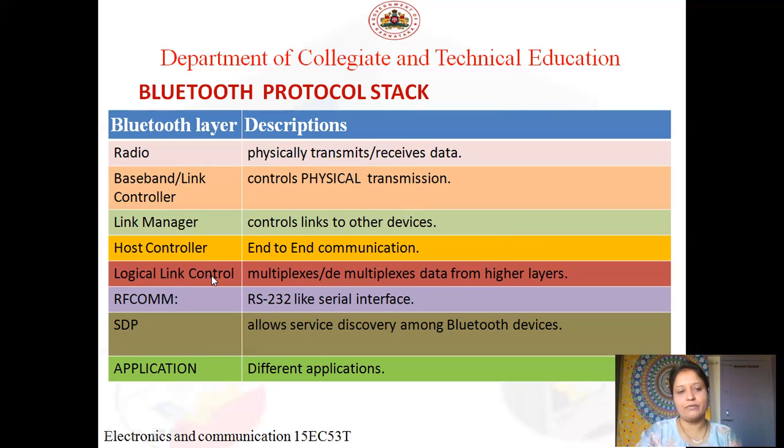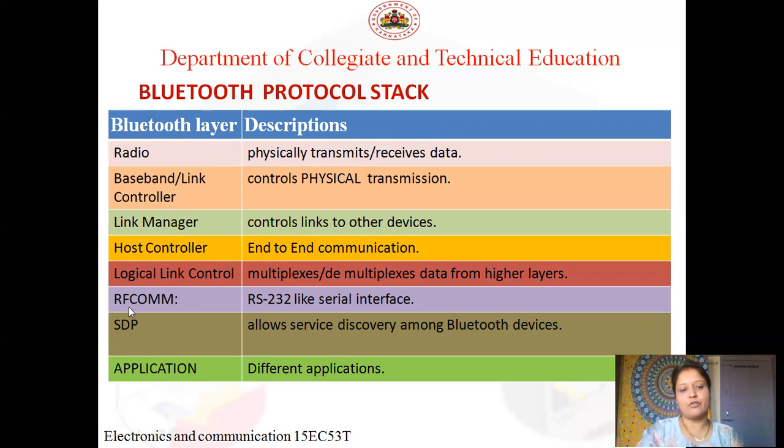Its main job is to multiplex or demultiplex the data from the higher layers. During transmission, it will multiplex the different applications and transmit. And during the receiving process, it will demultiplex. Therefore, the main job of the logical link controller is to multiplex and demultiplex.